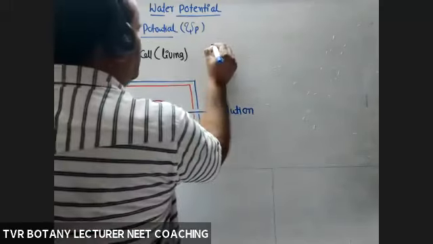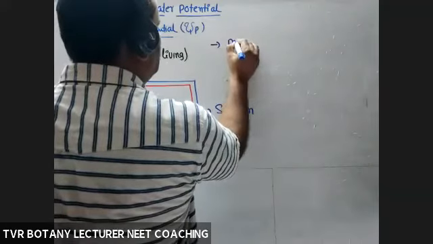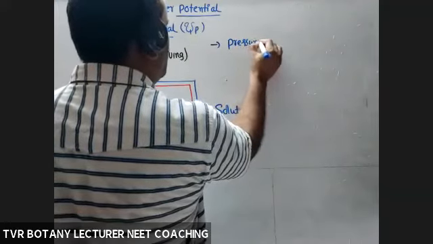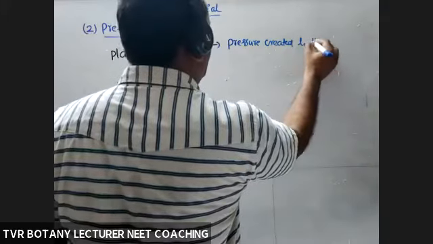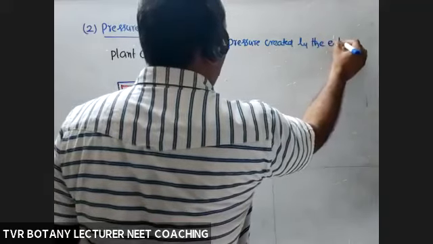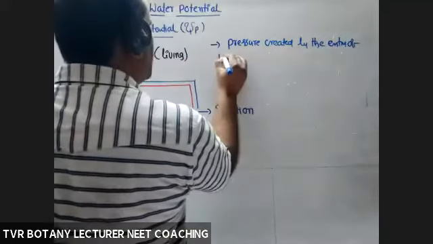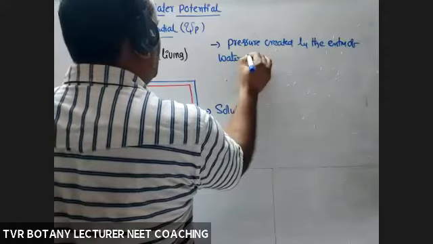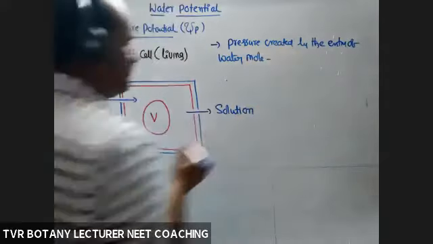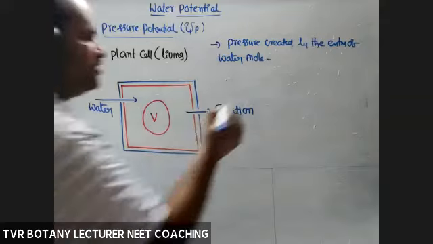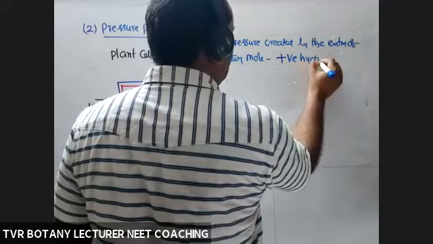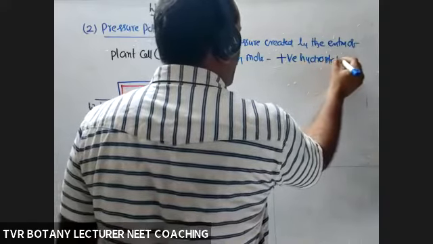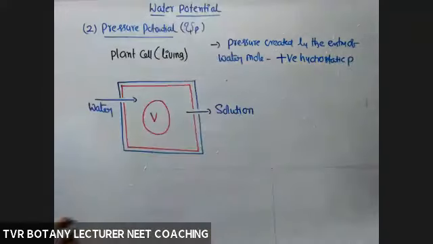So statement 1: pressure created by the entry of water molecules into the cell, that pressure is called as positive hydrostatic pressure. Positive hydrostatic pressure.